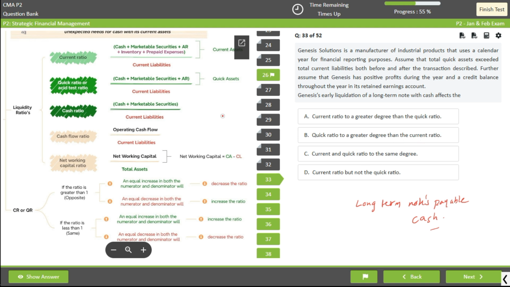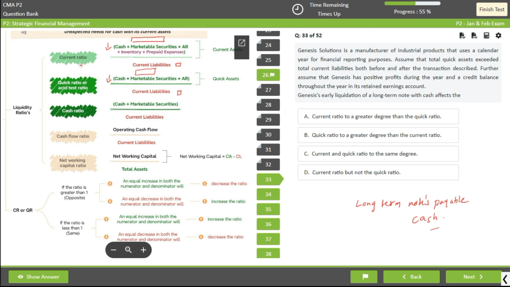So in the current ratio, the numerator is a huge amount, and the current liabilities remain the same for the current ratio and the quick ratio, and here the numerator is less. So you are decreasing cash, right? If you are decreasing cash, your cash goes down.